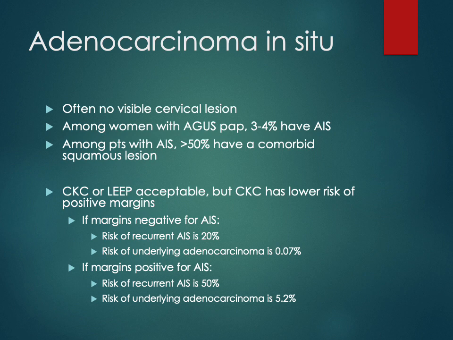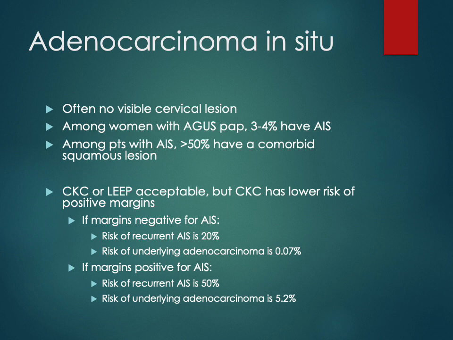Both cold knife cone or LEEP are acceptable. I know classically we would say adenocarcinoma is treated with a cold knife cone, and that's because it has a lower risk of positive margins, but certainly a LEEP can be acceptable in some settings. If your margins are negative after a diagnostic excisional procedure, the risk of recurrent AIS is about 20%, and the risk of an underlying adenocarcinoma is less than 1%.